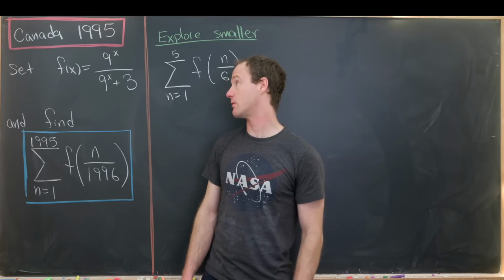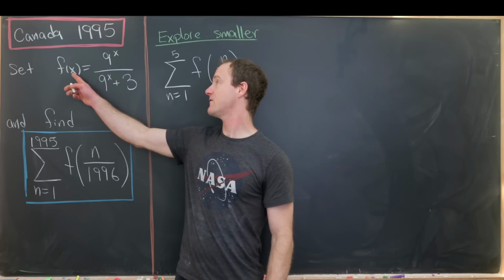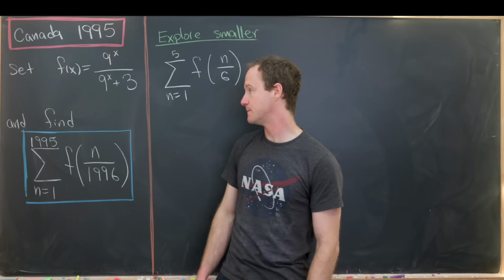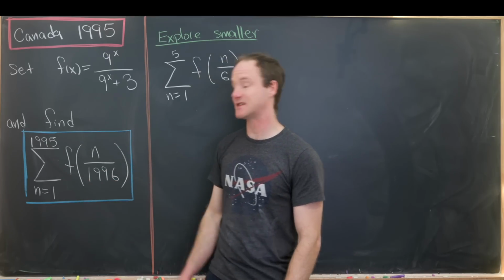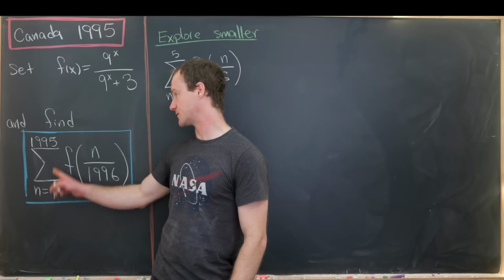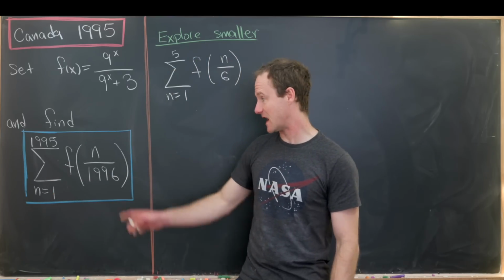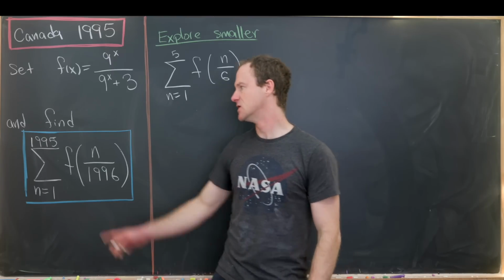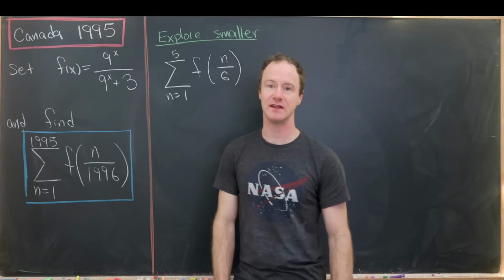So let's see what the problem is. We'll set f of x equal to 9^x over 9^x plus 3, and then evaluate this sum into a nice closed form. And here we have the sum as n goes from 1 to 1995 of f of n over 1996. So notice 1995 depends on the year.